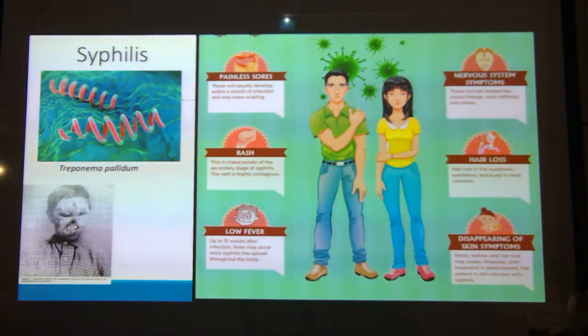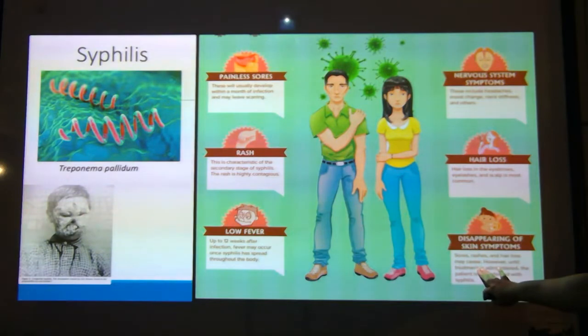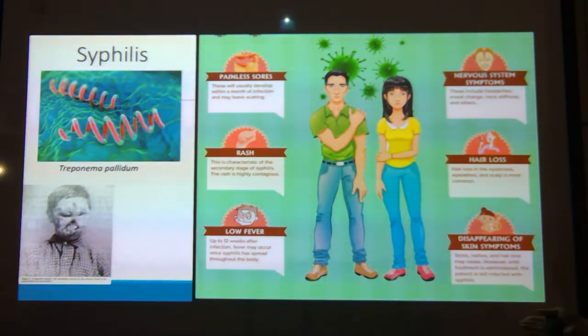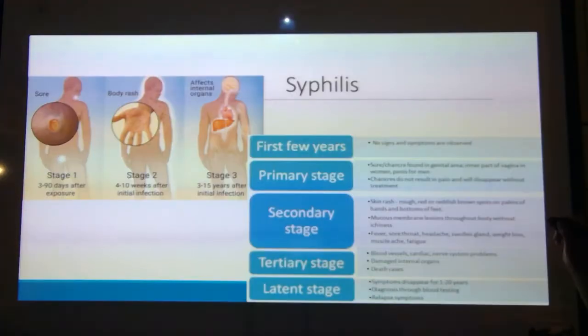So remember I said you have sores, you have rashes, and hair loss. Sores, rashes, and hair loss may stop. However, until the treatment is actually administered, the patient still has syphilis. It's not like it went away. First few years, no signs and symptoms are observed.